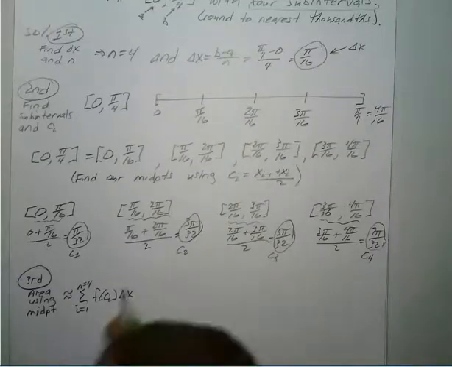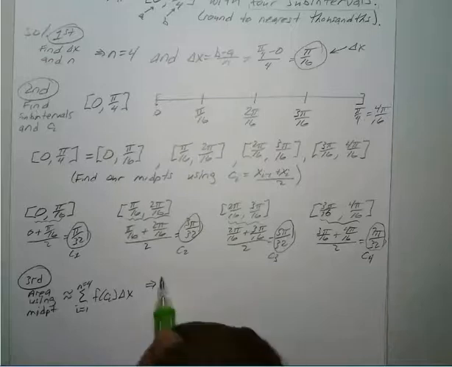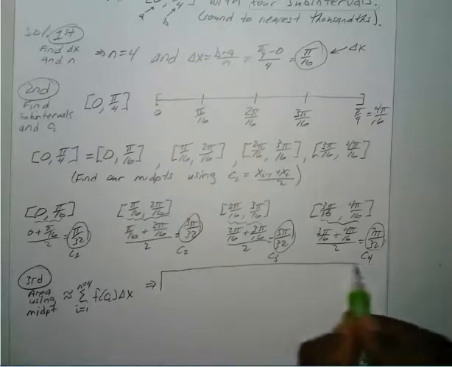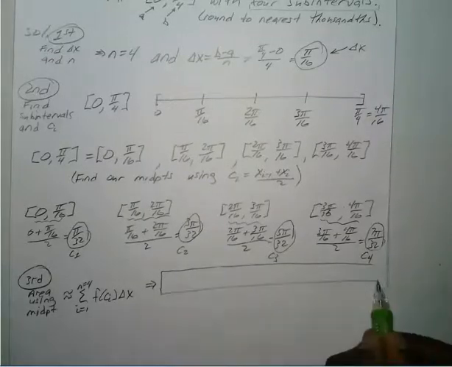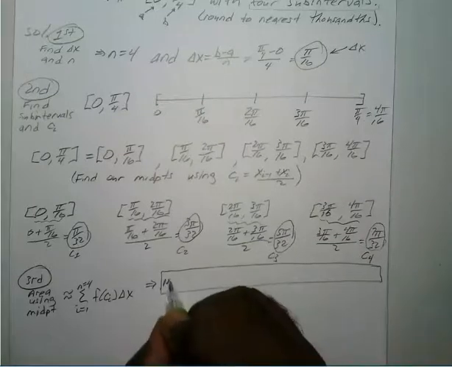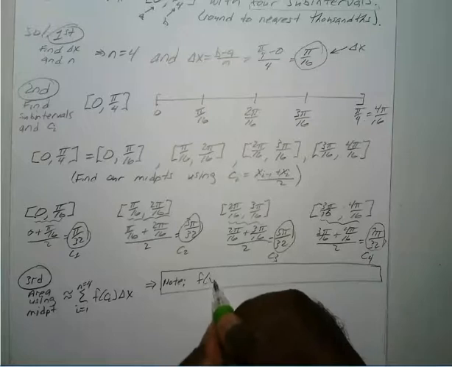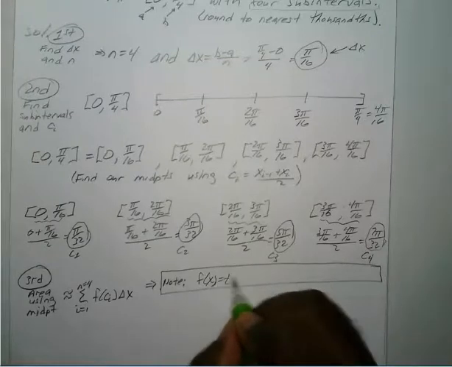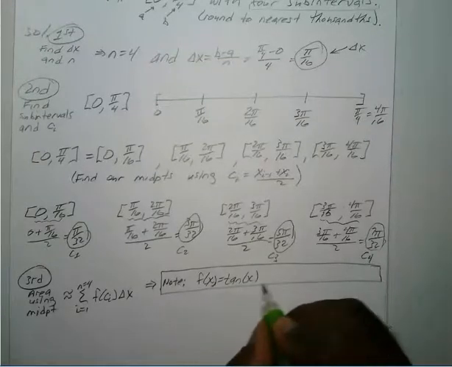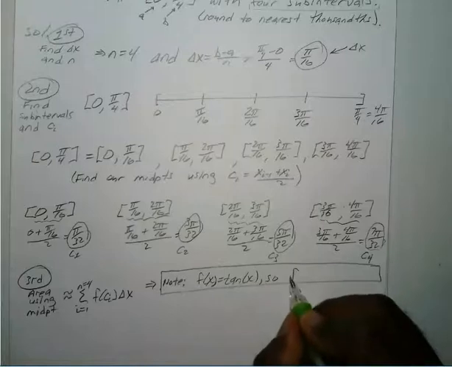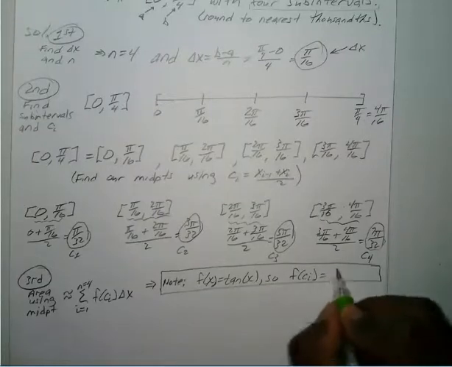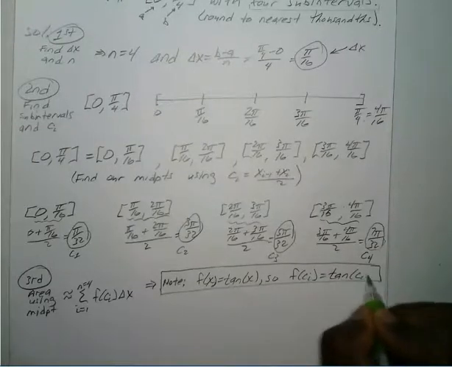Just like before, we know that f of x is equal to tangent of x. So f of C sub i is equal to tangent of C sub i.